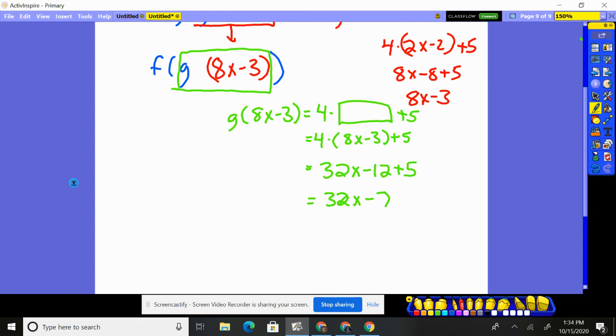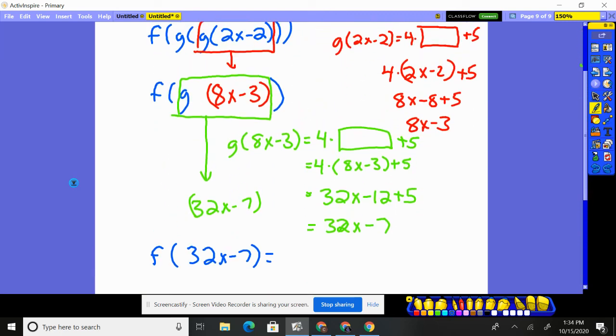So we now need to do the f function because this answer in green is 32x minus 7. And so all we now need to do is plug 32x minus 7 into the f function. So we are trying to find f of 32x minus 7. So I go to the f function.